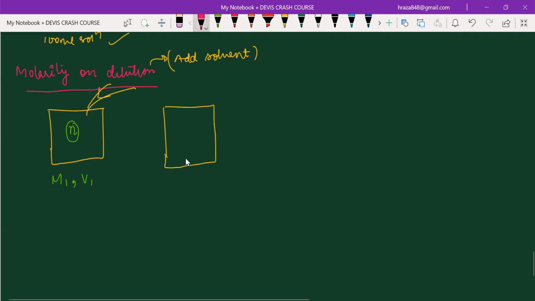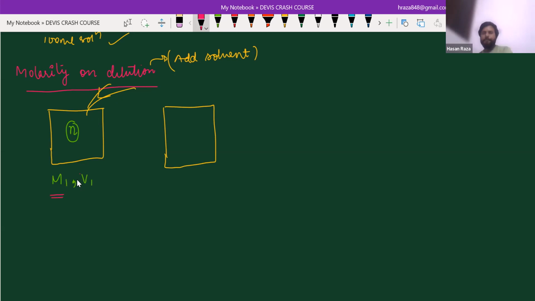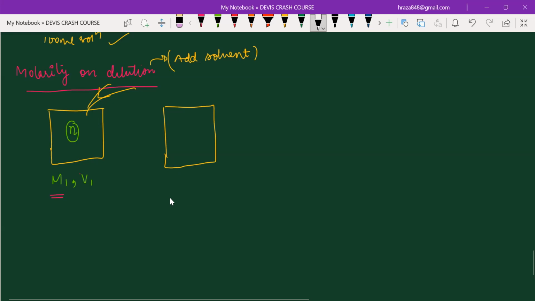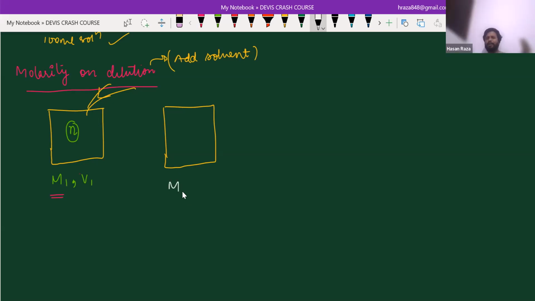So will the molarity change or not? If you add solvent, volume will increase, so molarity will change. It will definitely decrease. So molarity becomes M2 and volume will also become V2.